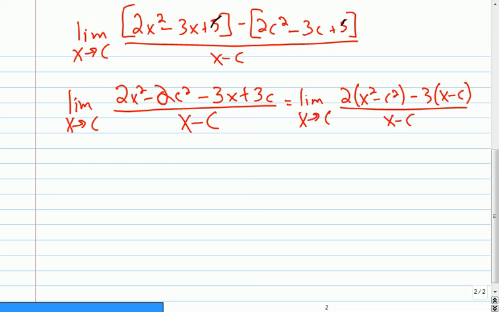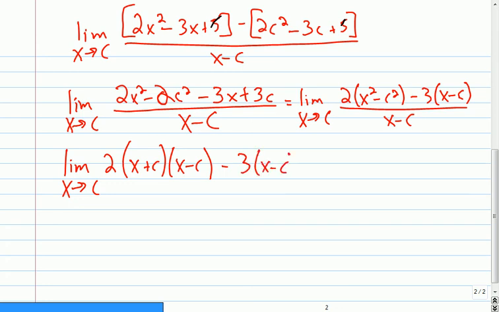So this one's going to become the limit as x goes to c of 2 times x plus c, x minus c, and on the bottom x minus c. That's good, because now that factor can be taken out of each piece. So I would say gone, gone, gone.